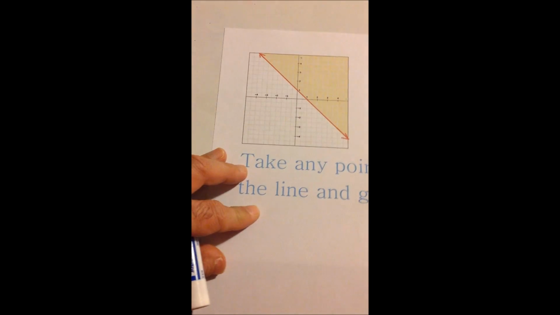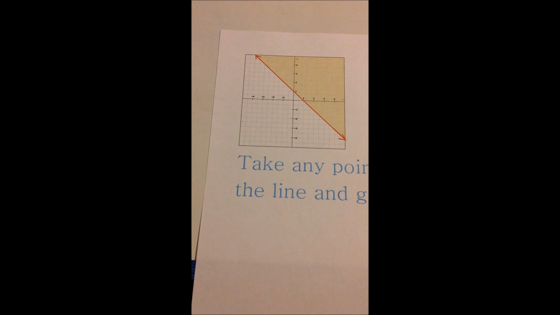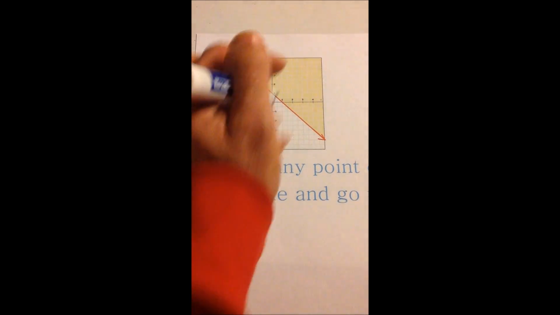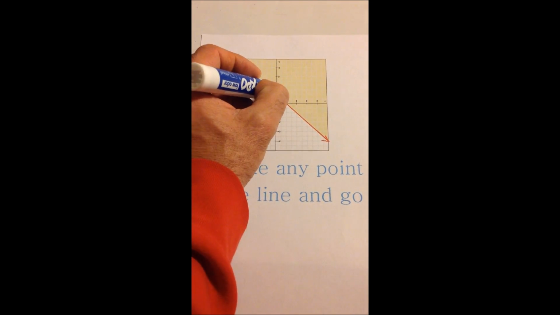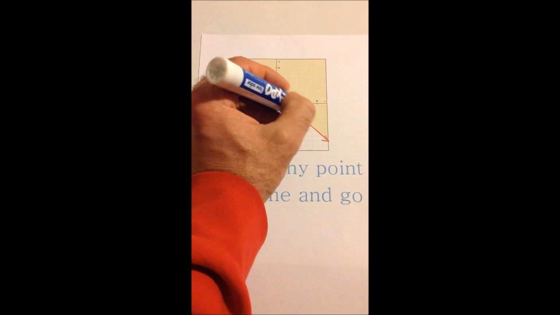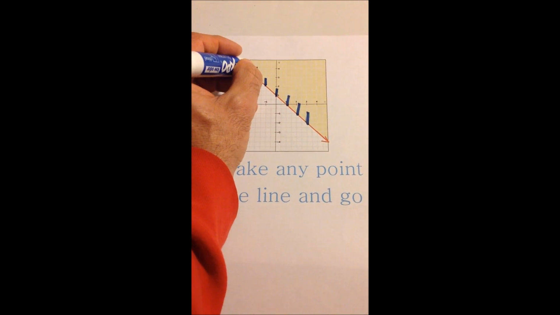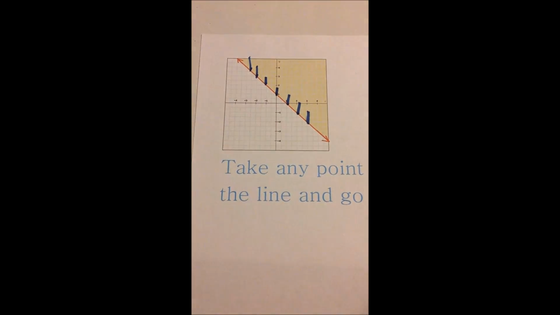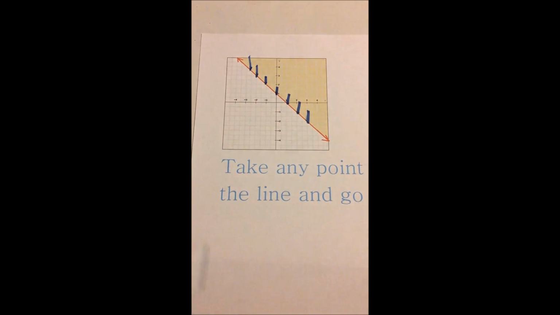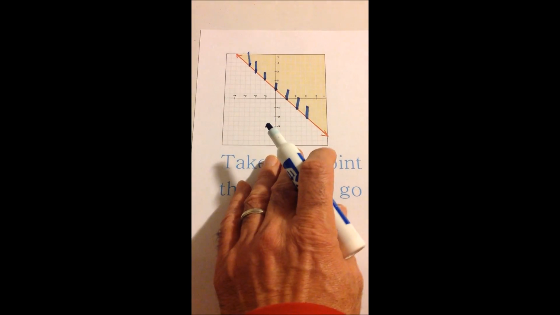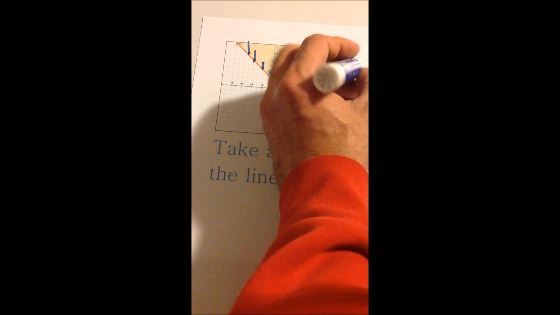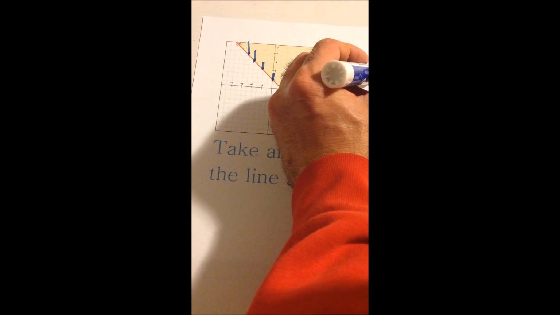So let's look at the equation again. Let's try to make this equation. First of all, take any point on the red line and go up. If you take any point, and you go up, and you're in the shaded area, then this solution is above the line. Just by looking at this graph, you can see the solution is above the line. When the solution is above the line, this is important, y is going to be greater than, or greater than or equal to, depending on whether it's a dotted line or a solid line.